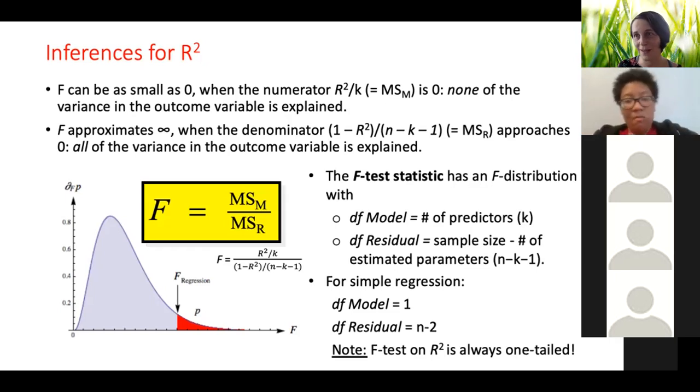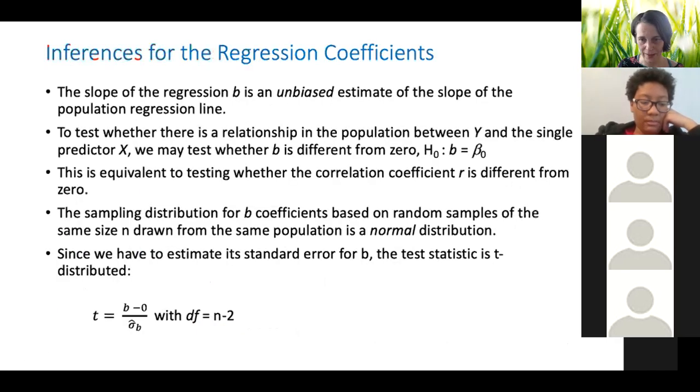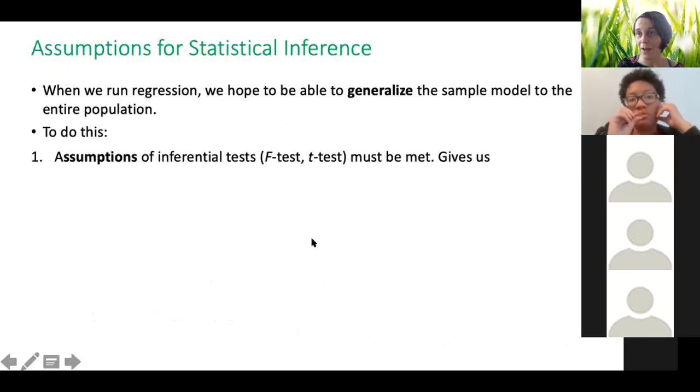That is how much variability there is between our regression line and the mean of the outcome variable. We relate that to the residual or error variance, which is the deviation of the individual observations from the estimated regression line, so how much residual variability we have. That was the logic of the F-test, and we have to meet the assumptions that underlie this test.